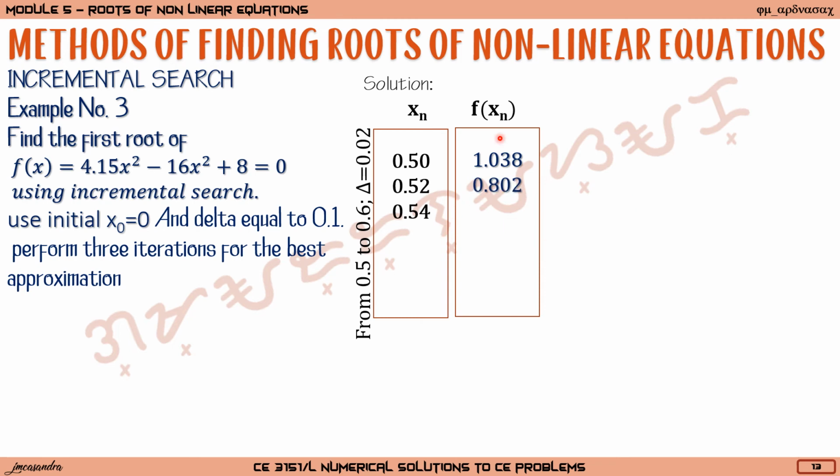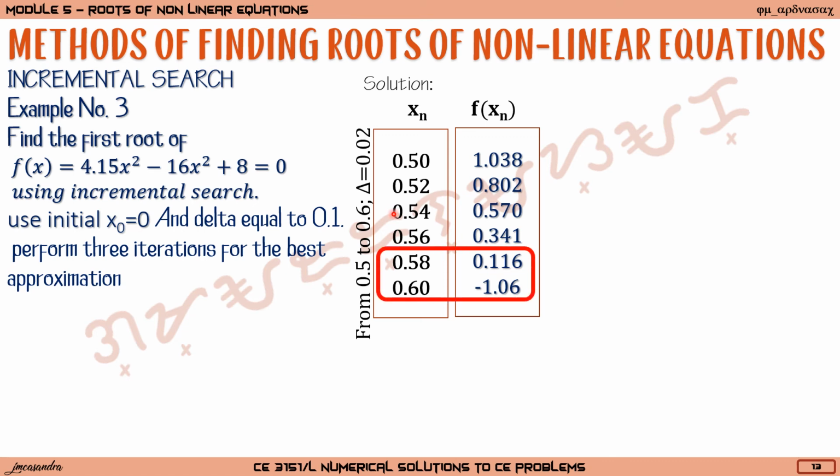So 0.52 plus 0.02 is 0.54, will give us 0.57. Next, we have 0.56. Substituting, we will get 0.341. And then next, 0.58. Substituting this in 4.15x squared minus 16x plus 8 is 0.116. And then for 0.6, we get negative 0.105. So again, there's a change in sign.